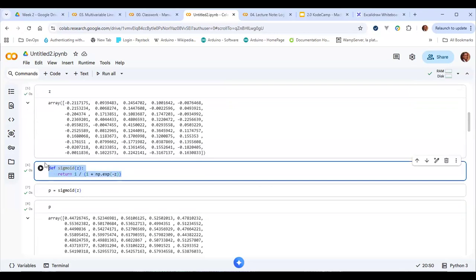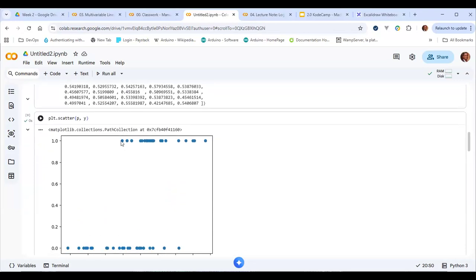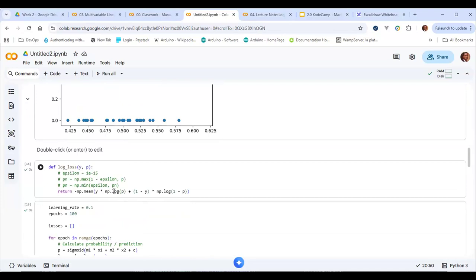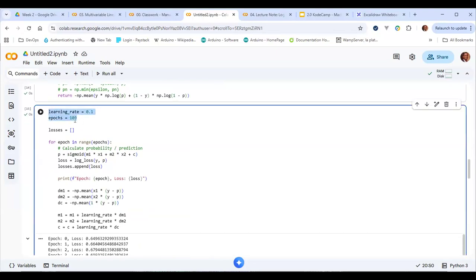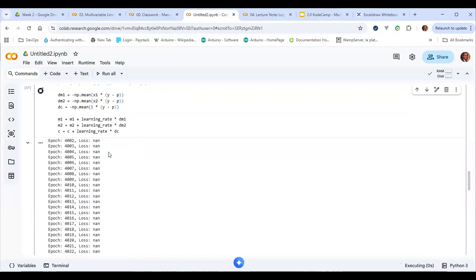And then we have the sigmoid, which is 1 over 1 plus np exponent minus z. Okay, we printed it here. And then we have the negative log likelihood, which is y times np log p plus 1 minus y times np log 1 minus p. Then we had a learning rate of 100 epochs. Let me increase the epochs a bit. Yeah, it's blowing up.